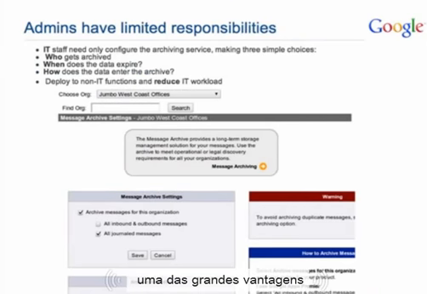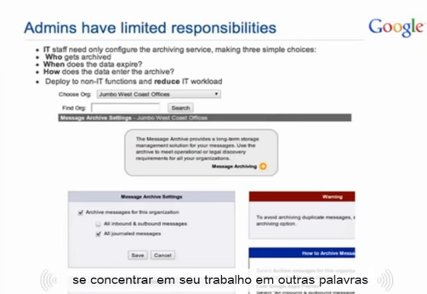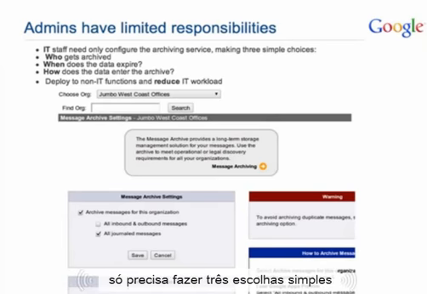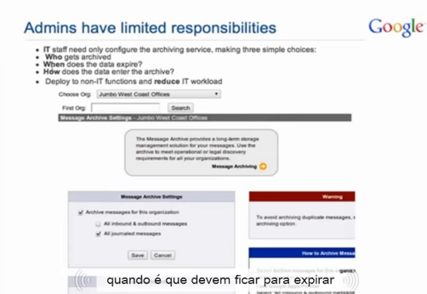One of the great advantages of Google Message Discovery is precisely its ability to enable system administrators to focus on their job. In other words, system administrators need only make 3 simple choices. Who gets their mail archived? For example, you might choose to archive mail for some users but not others. When should this data expire?